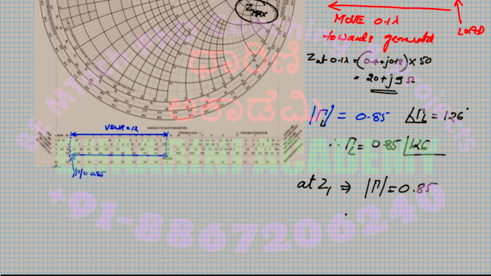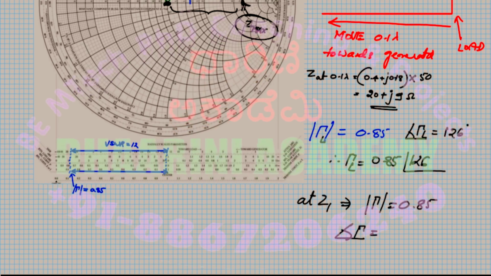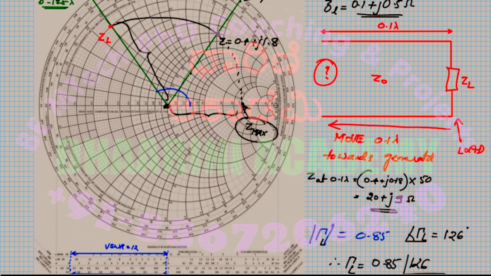We don't have to change that. Only the angle changes. So the angle of gamma, I can call it gamma 1 as well. Just measure this angle, the smaller angle. The bigger angle is 126. Measure this angle.